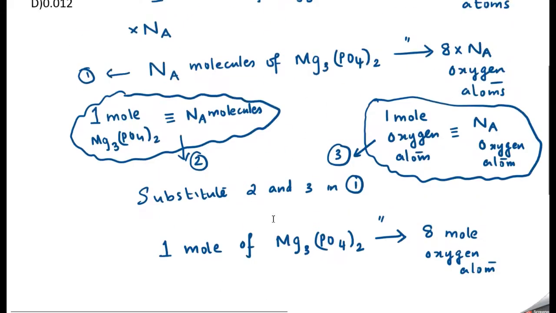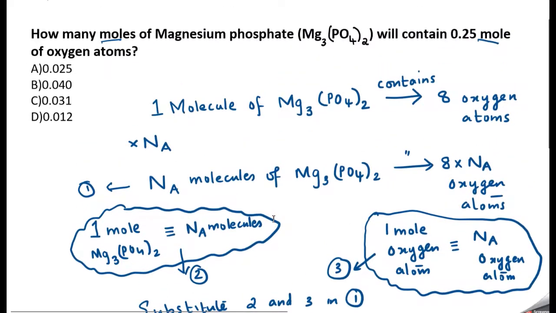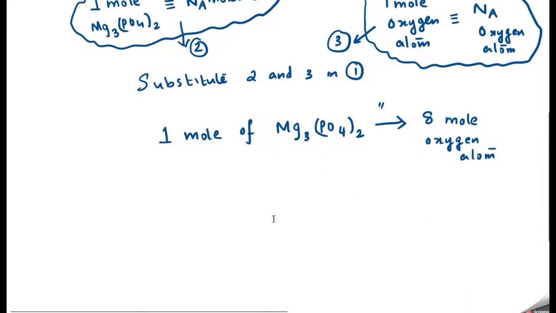But what are they actually asking? They are asking how many moles of magnesium phosphate contain 0.25 mole of oxygen atoms. So we need to convert this 8 mole to 0.25 mole. How can you do that? Always convert 8 to 1, then multiply that 1 with the respective number. So convert 8 mole of oxygen atoms to 1 mole. For that, divide by 8 on both sides.